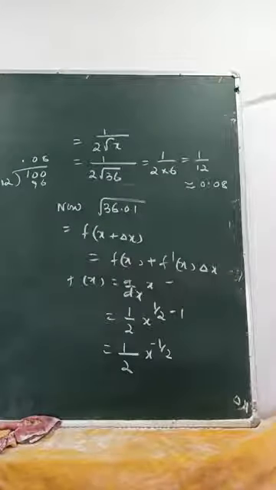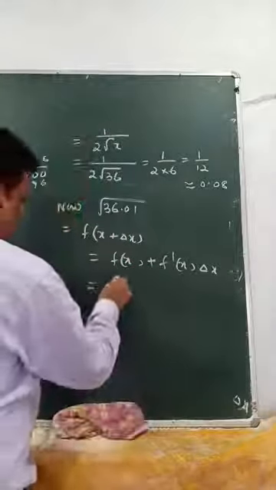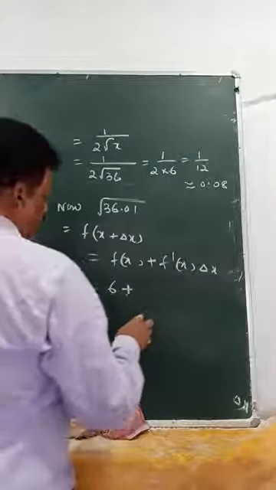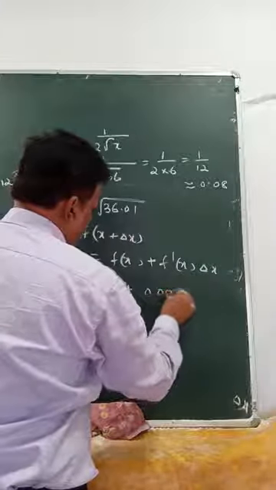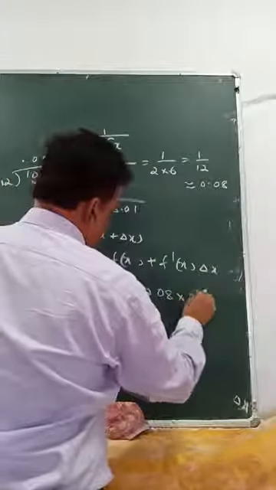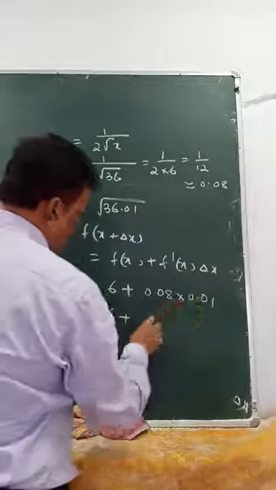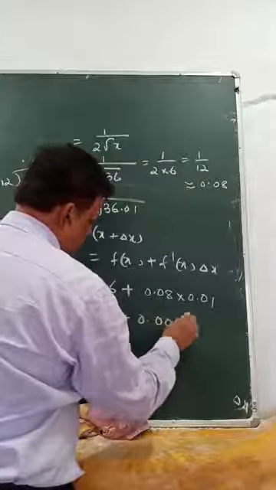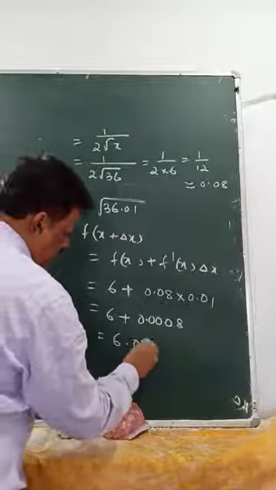So f(x), you have got already. 6 plus f dash x, which is 0.08, multiplied by delta x, which was 0.01. So that is 6 plus 0.0008. That means 6.0008.